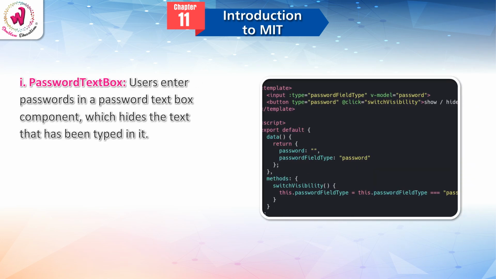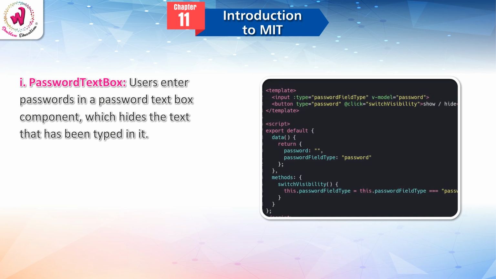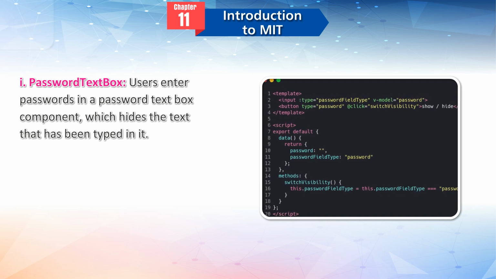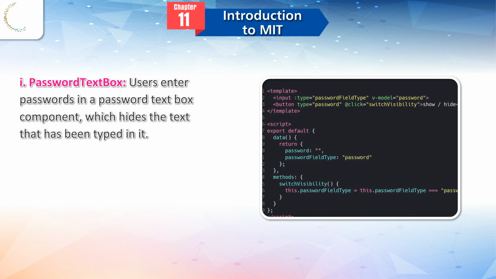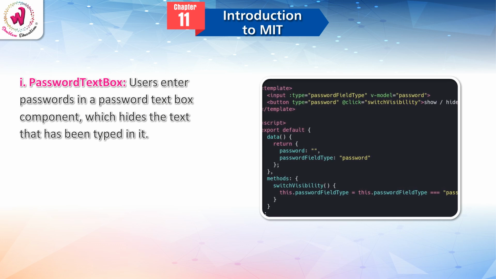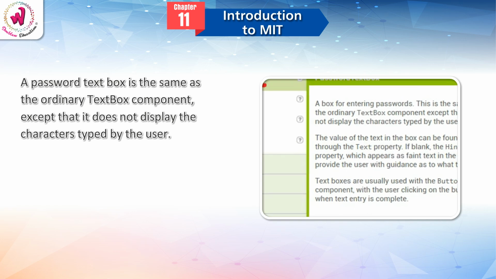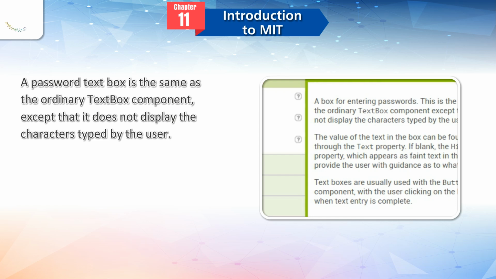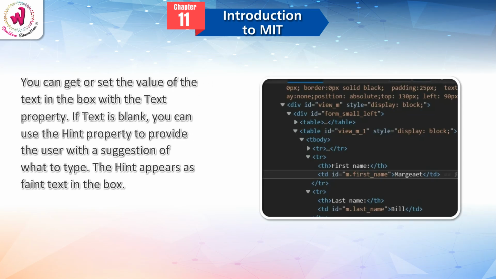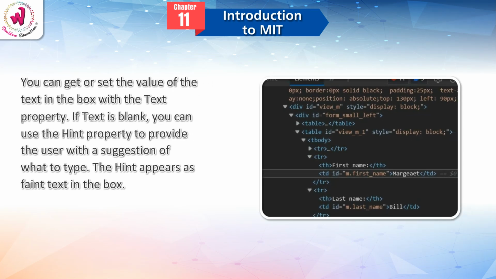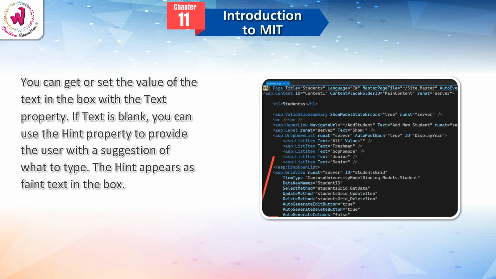I. Password text box. Users enter passwords in a password text box component, which hides the text that has been typed in. A password text box is the same as the ordinary text box component, except that it does not display the characters typed by the user. You can get or set the value of the text in the box with the text property.